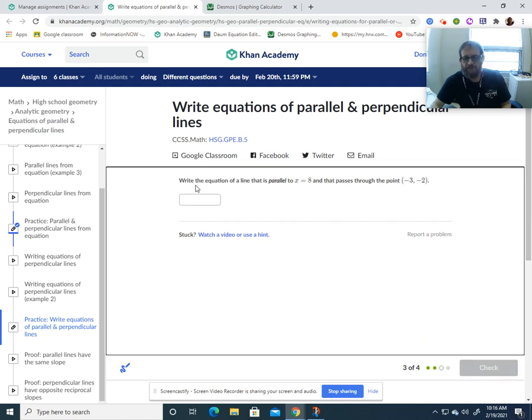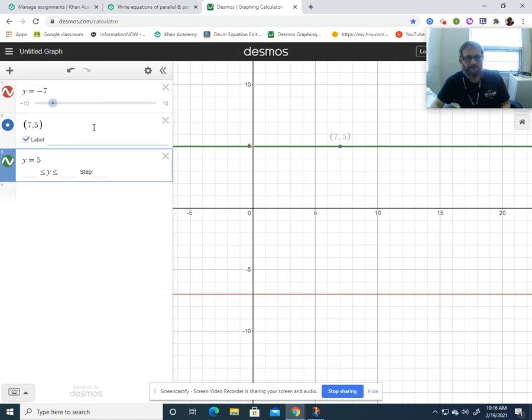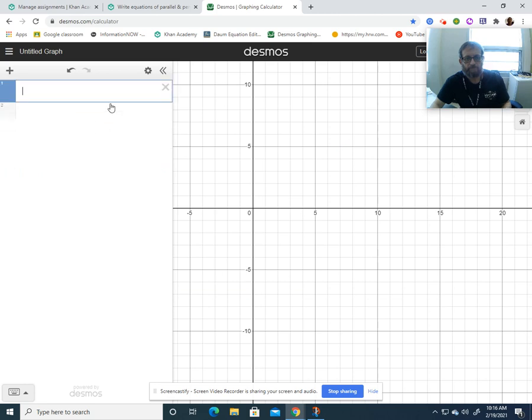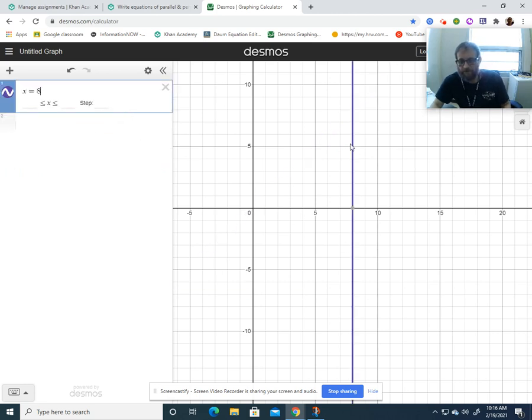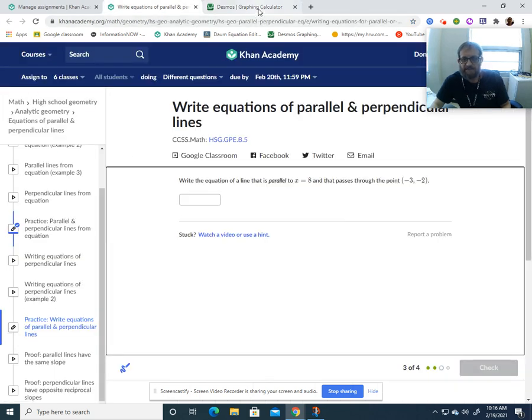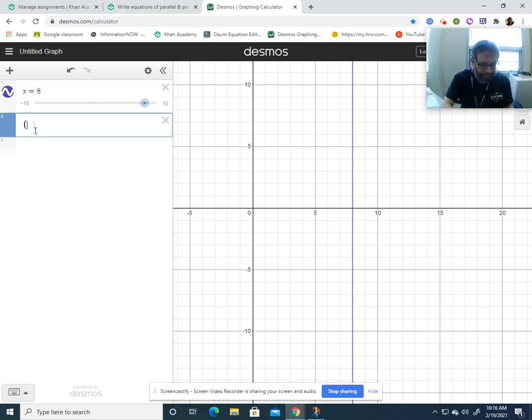Okay, this one's going to be just like the one we did just before. If you're parallel to x equals 8, if you go over to Desmos, x equals 8 is a vertical line. And so if you're wanting to hit the point -3, -2, then the vertical line has to do with the x value.